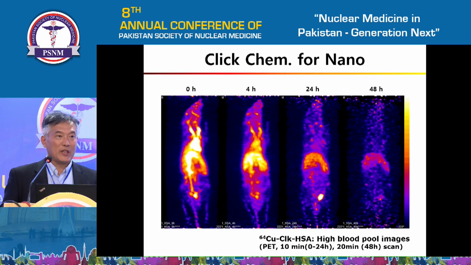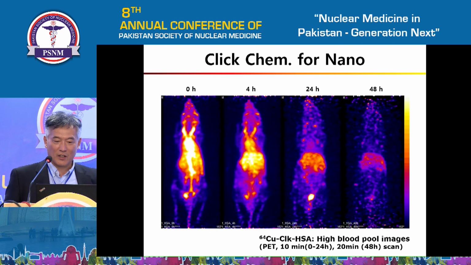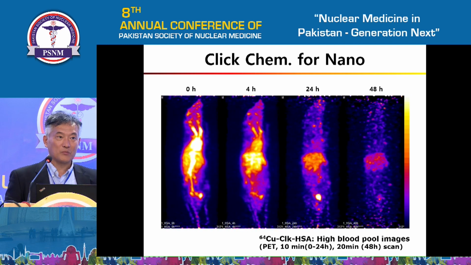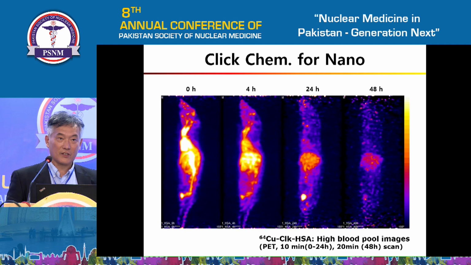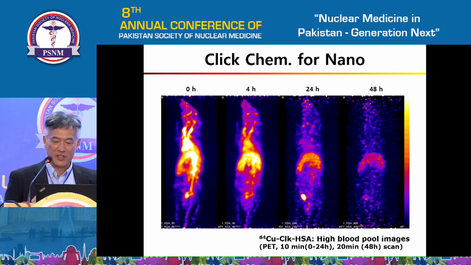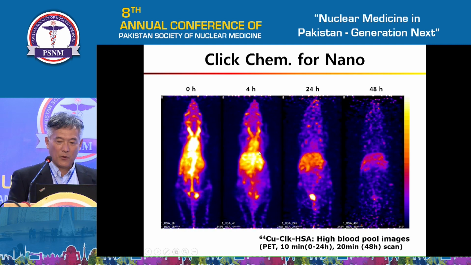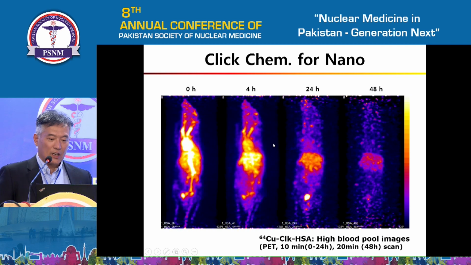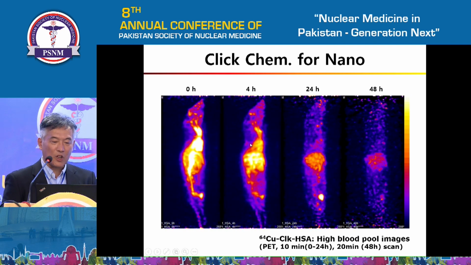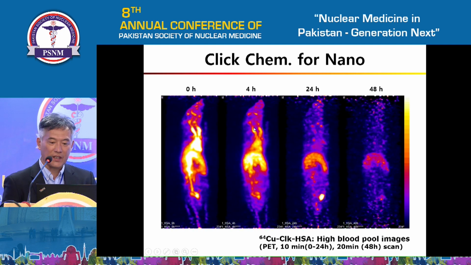I think an NM physician can understand the meaning of this image. This is the blood pool imaging agent, just like technetium HSA imaging, but somewhat different, because after 4 hours post-injection you can see high blood pool activity, including the carotid artery.